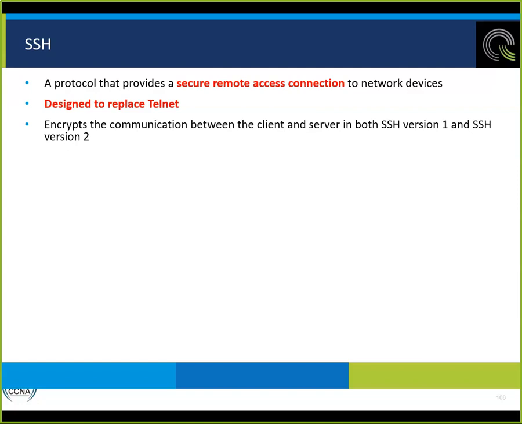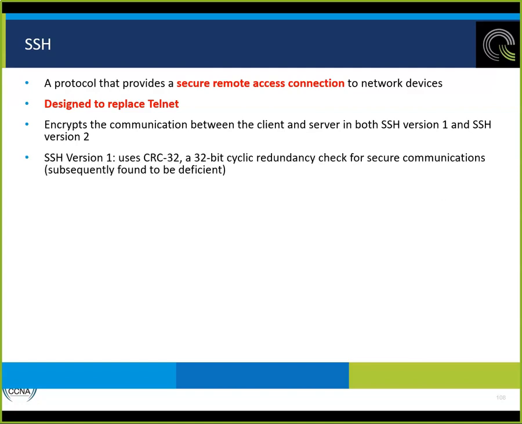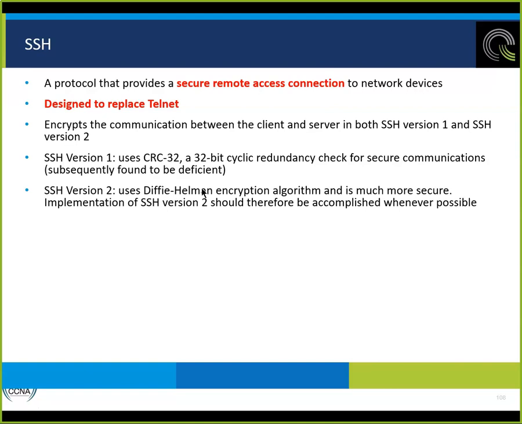SSH version 1 will accept a weaker key than SSH version 2. Version 1 uses a cyclical redundancy check, CRC32, for communications, and was subsequently found to be deficient. Version 2 uses the Diffie-Hellman algorithm and is more secure. We should use SSH version 2 whenever we can.